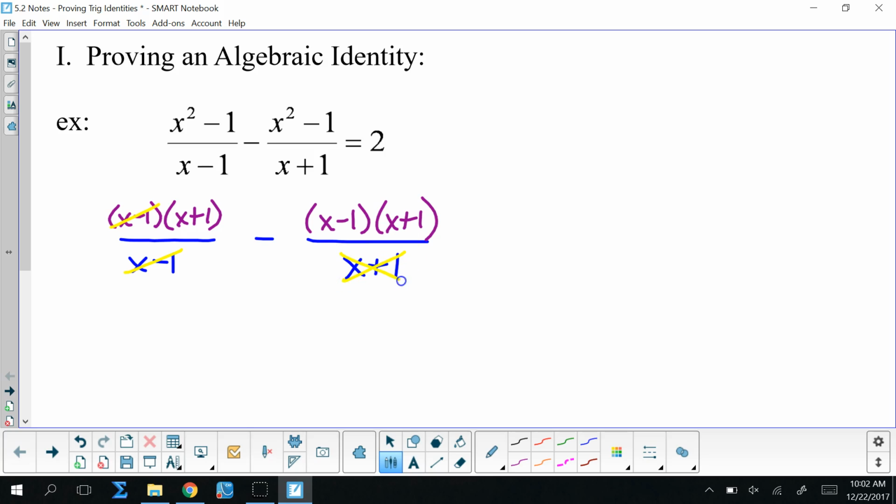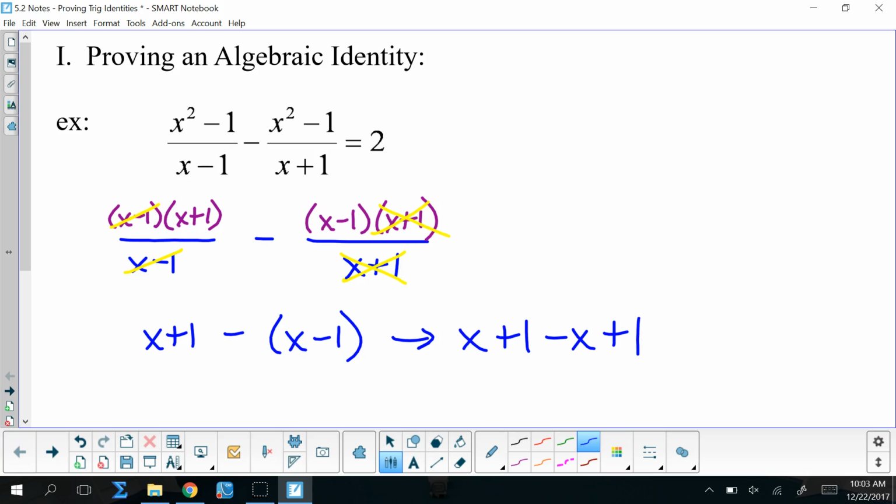And this x plus 1 cancels out that x plus 1. So that leaves me with x plus 1 minus x minus 1. Which is x plus 1 minus x plus 1, x minus x is 0, 1 plus 1 is 2.